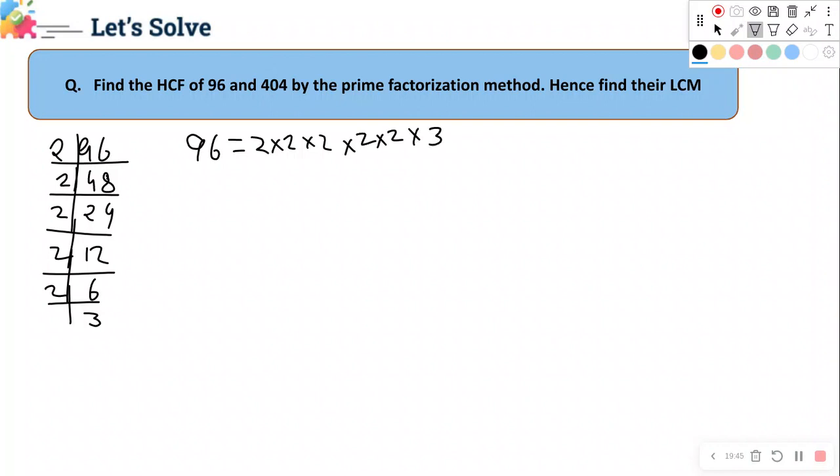So you can write it in exam. Students, remember you have to write 2 raised to 5 into 3.